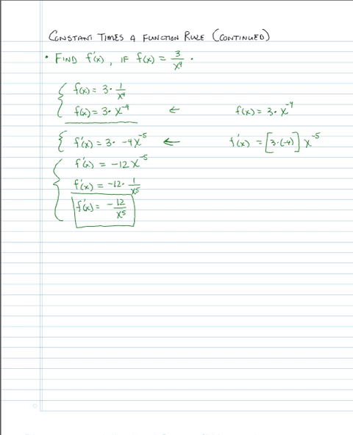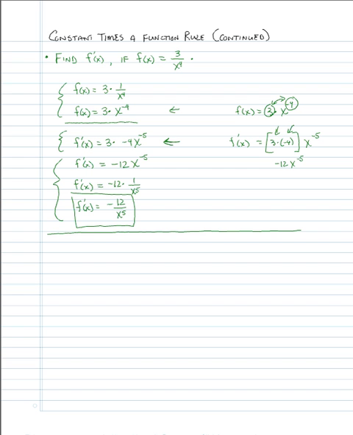We ended up with a 3 times a negative 4, and notice what this is. This is the coefficient of x to begin with, and this is the old exponent. So what we really did is we took this exponent and multiplied that coefficient together to get the negative 12 that was on the next step. And so that's going to speed things up when we look at these other examples.